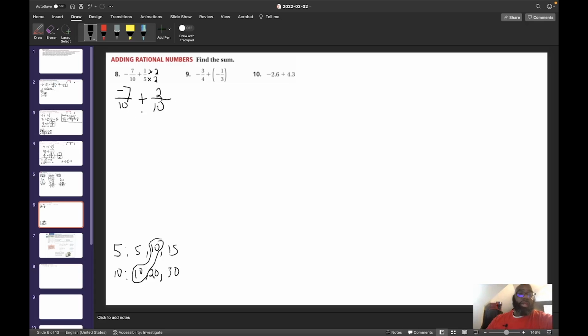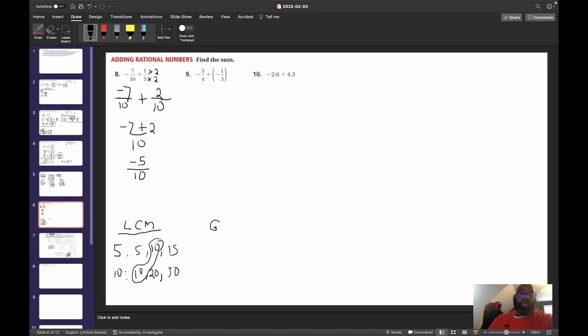Now the final answer is going to be something over 10, and that something is negative 7 plus 2, which is negative 5. So negative 5 over 10. But this is not in its simplest form, because we can factor out a 5. 5 is the greatest common factor between 5 and 10. Originally we did the least common multiple between 5 and 10.